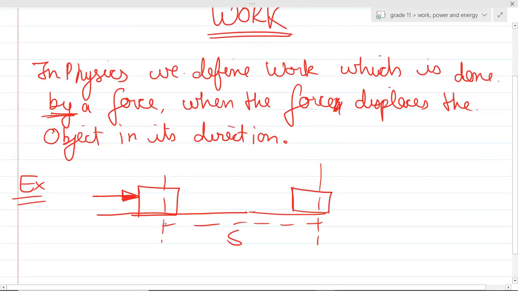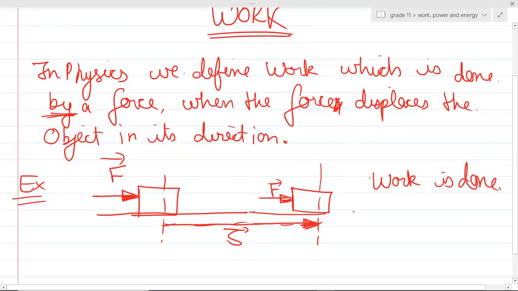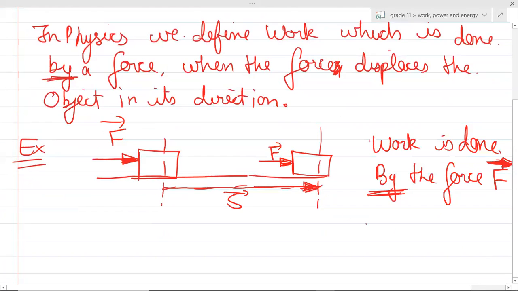Can you see the displacement of the object is in this direction and the force was also in this direction? Yes or no? Then we'll say work is done by the force. Is this example clear, guys?